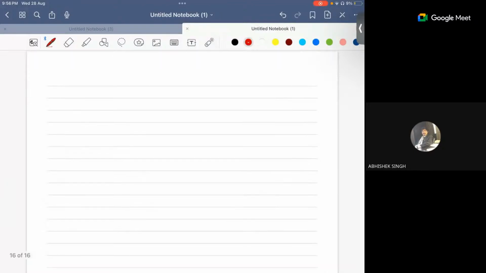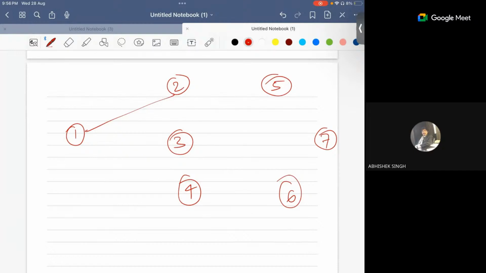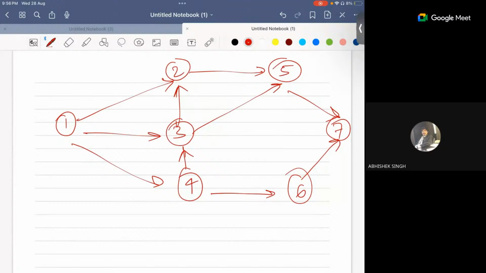For Bellman-Ford, it is a bit hectic. You have to keep on relaxing n minus 1 times. In Bellman-Ford, you can see that we have 7 vertices.